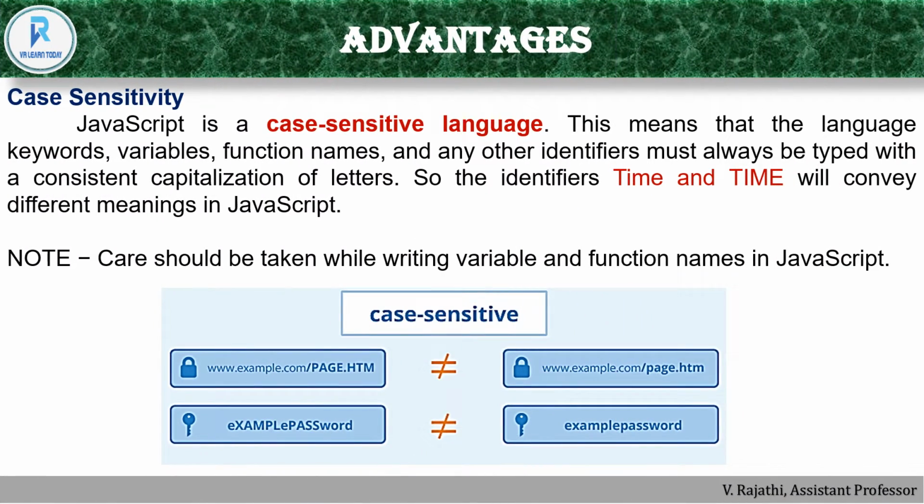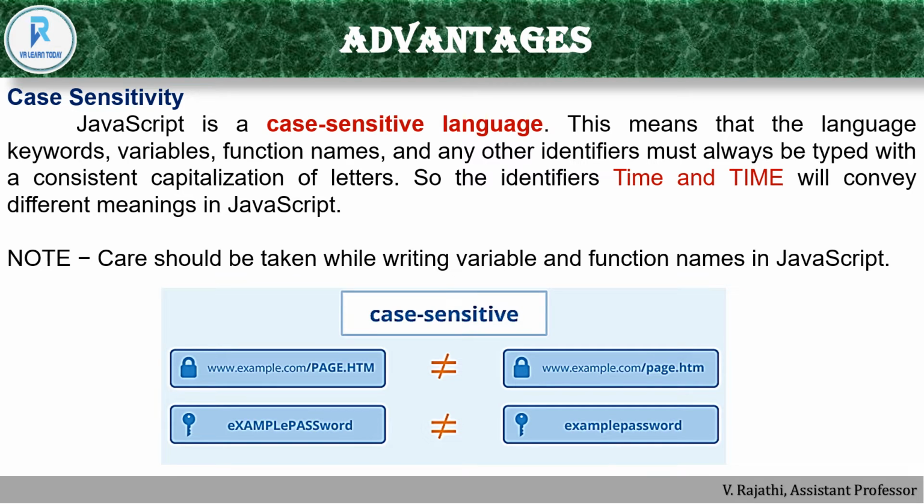Next, we have to discuss case sensitivity, right? JavaScript is a case sensitive language. This means that the language keywords, variables, function names and any other identifiers must always be typed with a consistent capitalization of letters. So the identifiers Time and time will convey different meanings in JavaScript. Care should be taken while writing variable and function names in JavaScript.